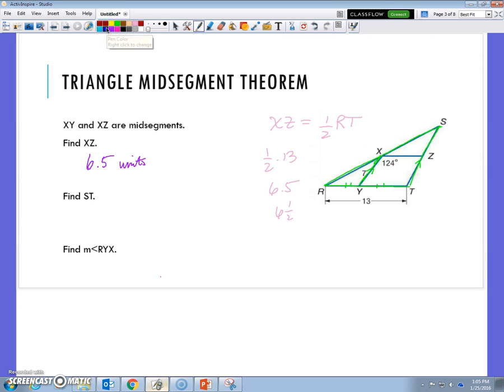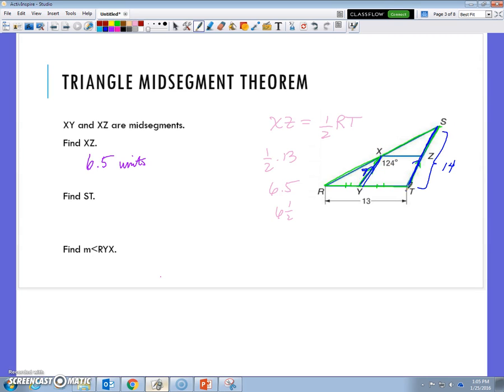So I'm going to compare that to this. If these are parallel and this is the mid-segment, then this is exactly half of this full length. So if this little guy right here is 7, this guy right here must be 14. That helps us to find ST because of the triangle midsegment theorem.